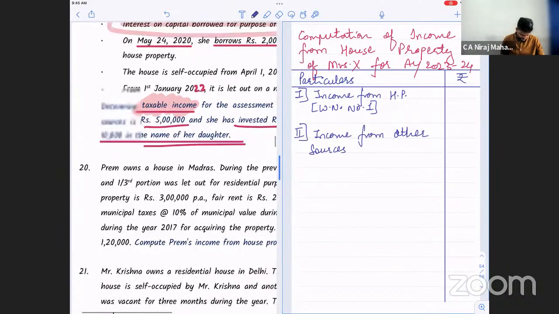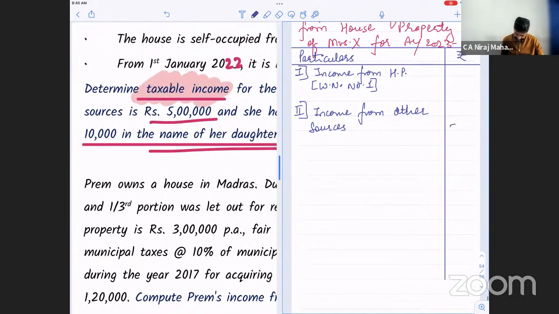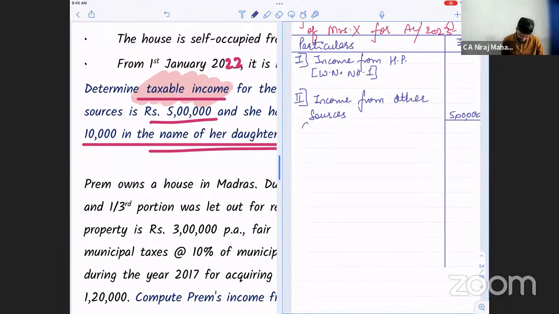Assuming our income from other sources is 5 lakhs, correct. Total of all the incomes, what do we call it? GTI, gross total income. Simple till here. Whatever that figure will come to, we have to finalize the house property income. So what do we say is the next step? Chapter 6A, deduction.